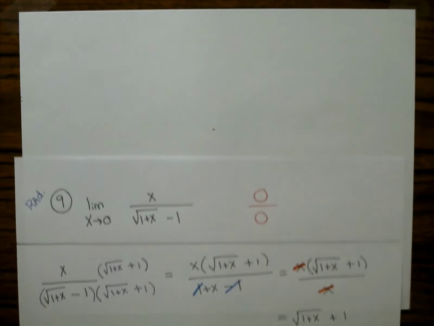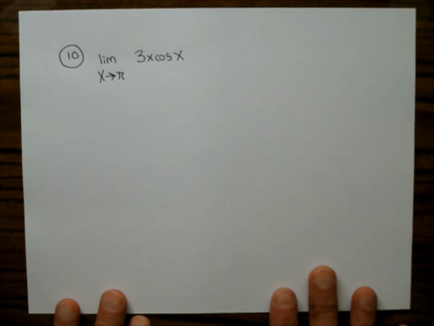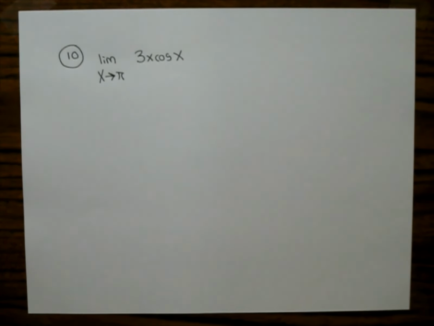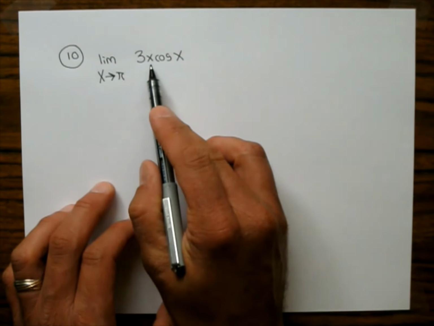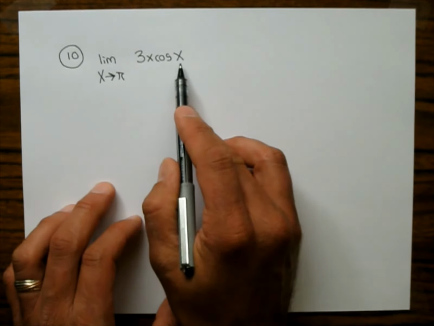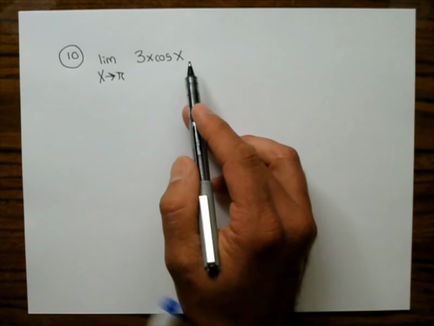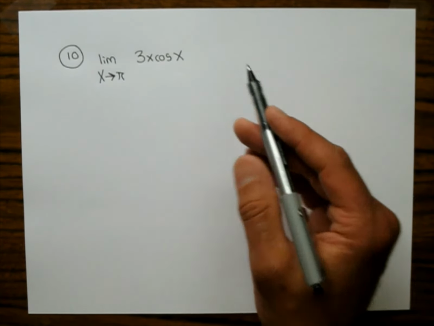Let's go ahead and do number 10. Number 10 involves some trigonometry. Let's see if we can do this. So when I put pi in for x, you've got to remember what the cosine of pi is. Now I know some of you might say, well, I can always just take out a calculator.